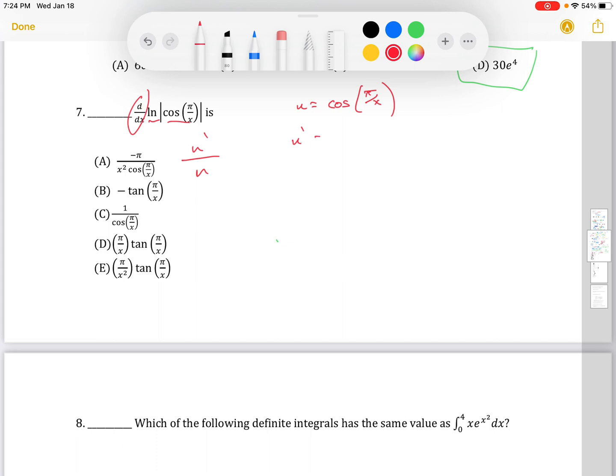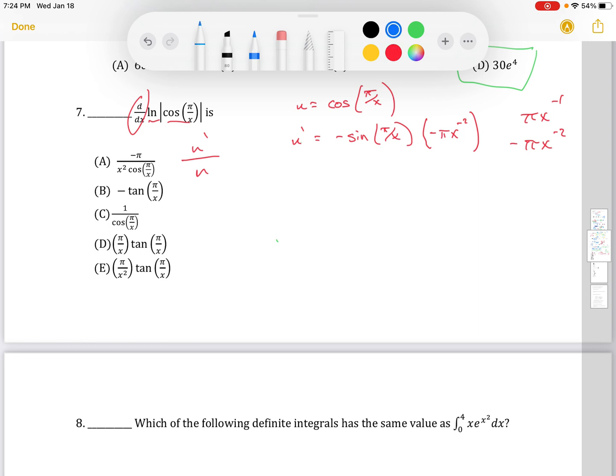U prime is actually negative sine pi over x, and then we have to actually chain rule the interior. The interior, just so we know, is pi x to the negative 1, so the derivative of that would be negative pi x to the negative 2. So I'm going to chain rule the inside as negative pi x to the negative 2.